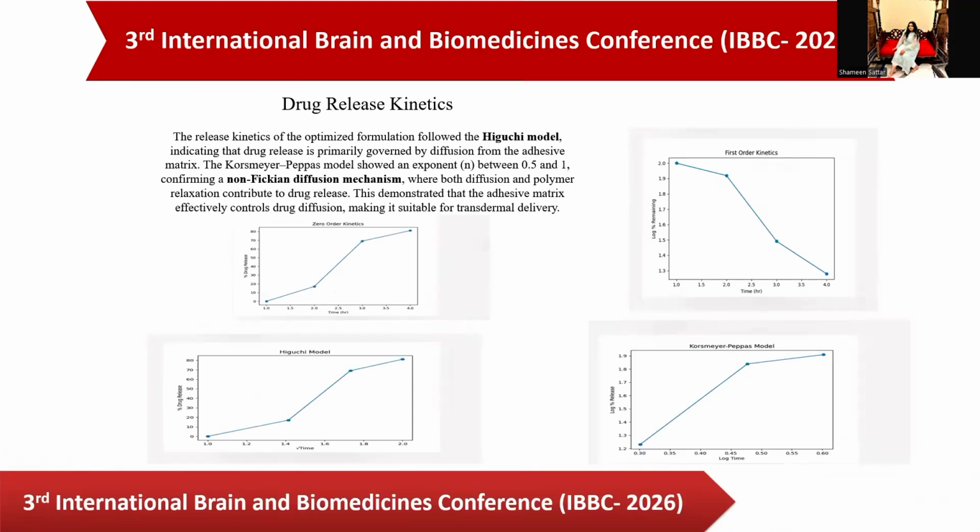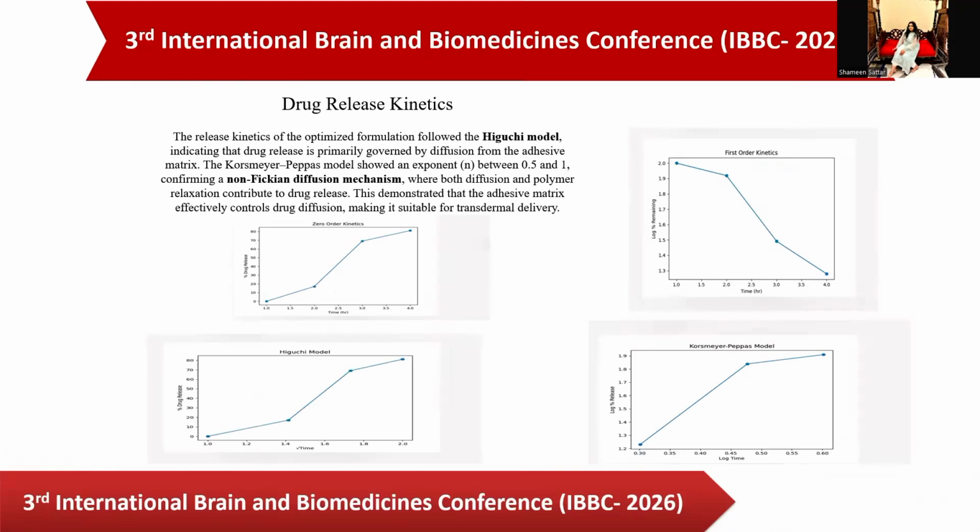The drug release kinetics of the optimized formulation, which was formed using ethyl acetate, followed the Higuchi model, indicating the drug release is primarily governed by diffusion from the adhesive matrix.